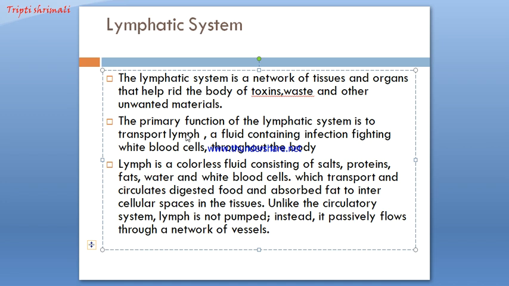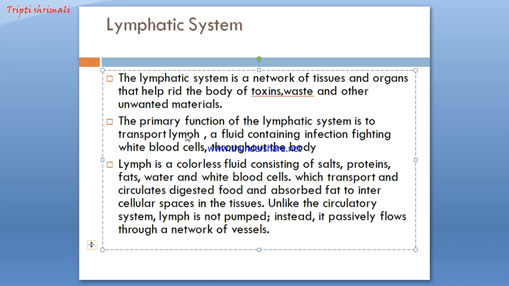The lymph is produced through the blood only, but it does not contain red blood cells and platelets, because the pores through which the plasma and the WBCs have come out are very tiny, so the thrombocytes, that means the platelets, and the red blood cells cannot come out through these pores. So, it makes the interstitial fluid.